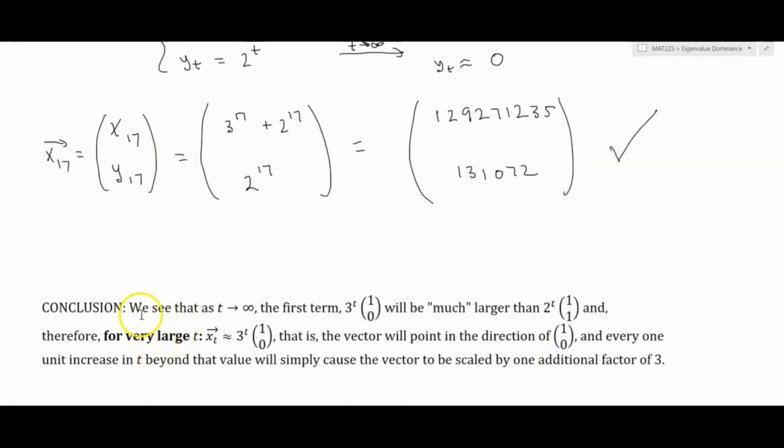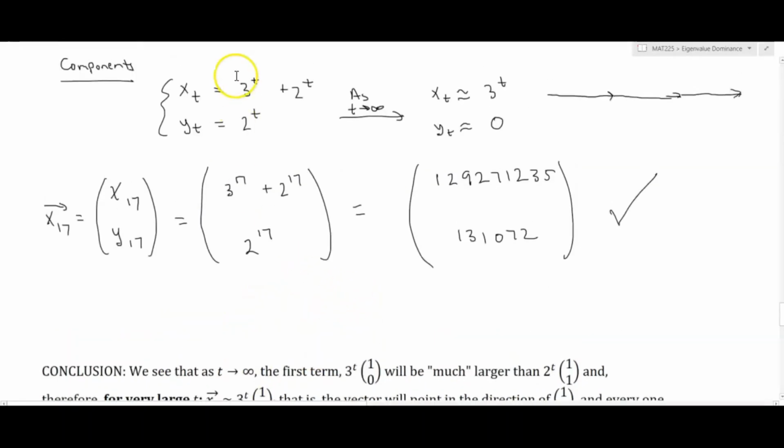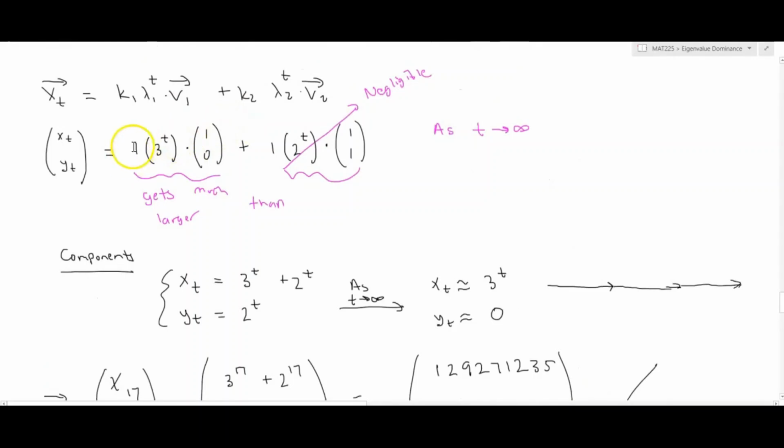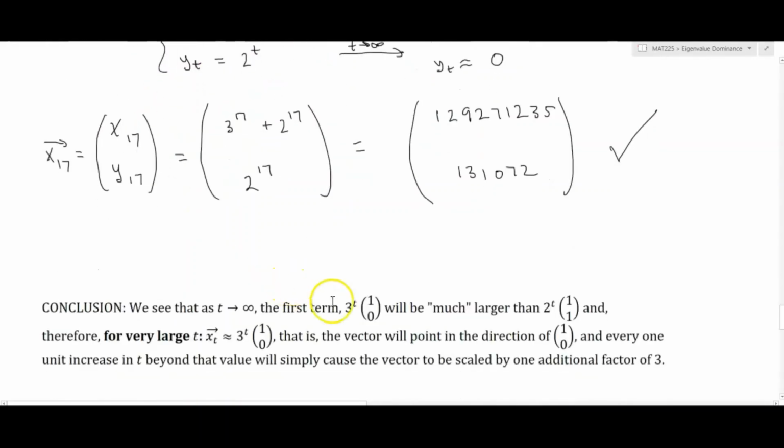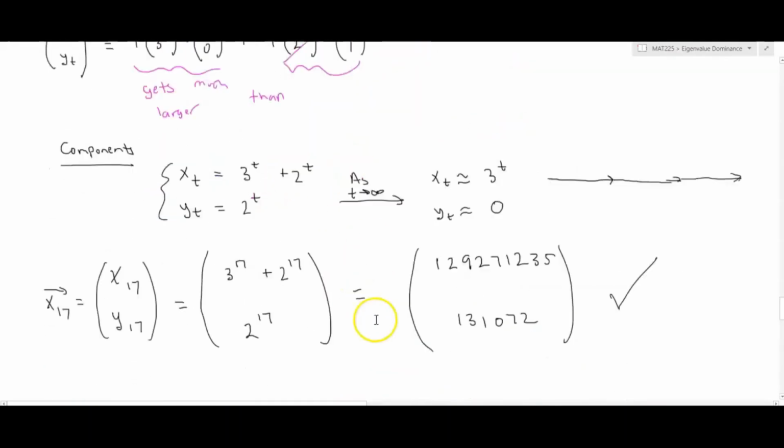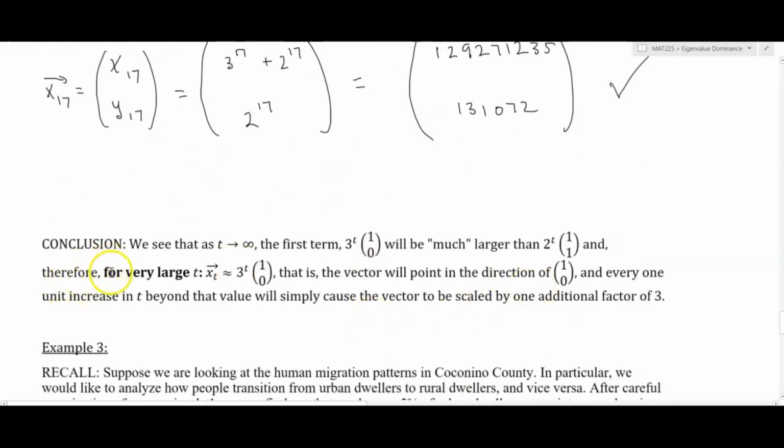So our conclusion is that as t approaches infinity, just making the exponent larger and larger, the first term, 3 to the t times 1, 0, will be much larger than 2 to the t times 1, 1. Therefore, for very large t, x sub t is approximately equal to 3 to the t times 1, 0. So basically it's going to be some multiple of the 1, 0 vector.